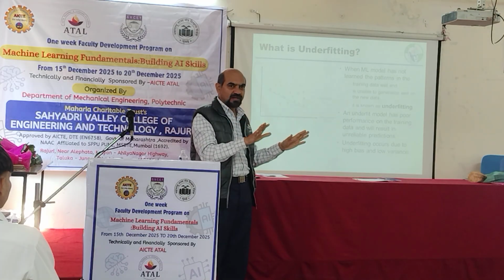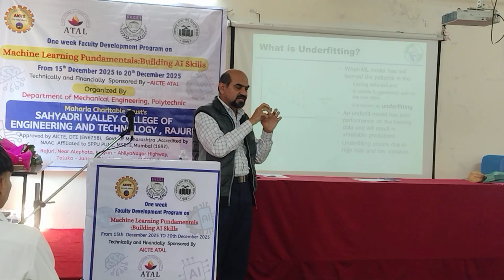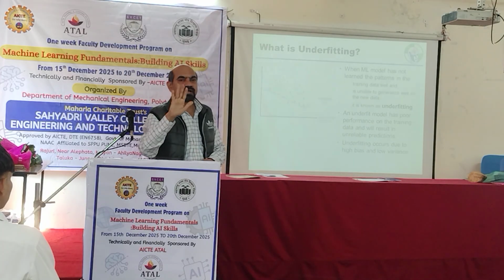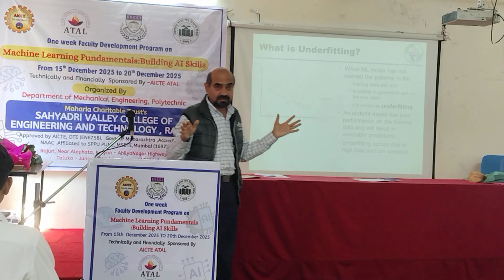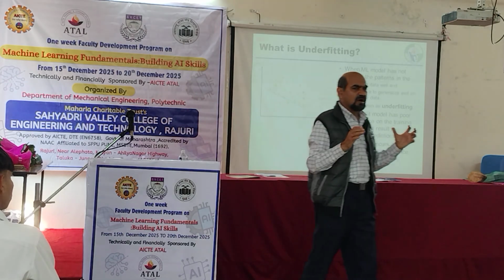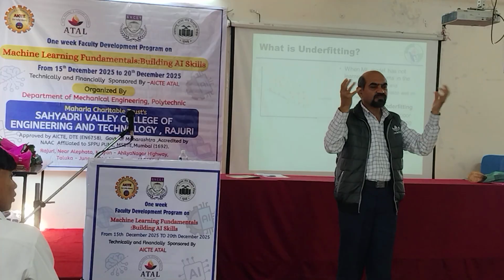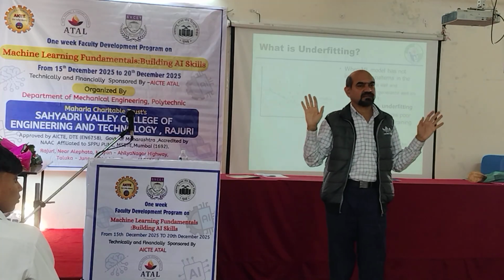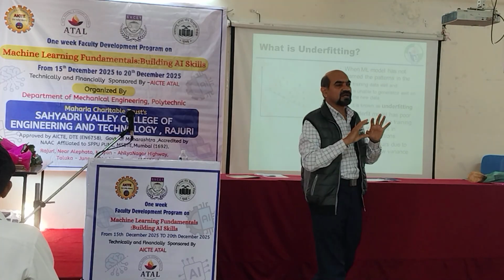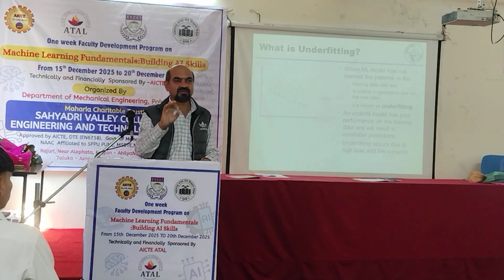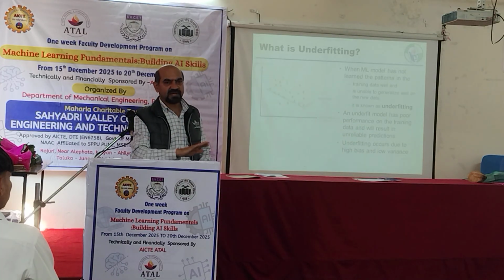When we train the model, we have not taken the important features. That's why my model goes into the underfitting. Overfitting, I choose all features. Unimportant features I select. So my model becomes overfit. This is the simple phenomenon for the underfit and overfit.